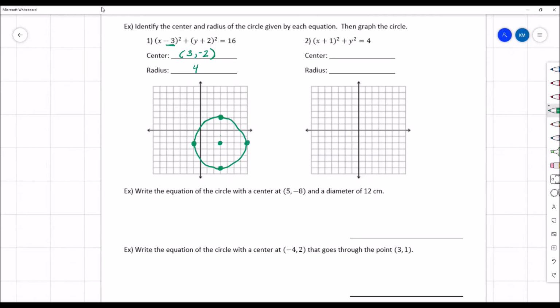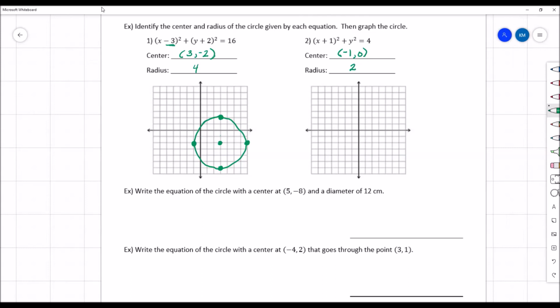Looking at number 2, our center: plus 1, so it'll be minus 1. There isn't anything here for y, so it looks a little bit different, but that would be like plus 0, and plus 0 is kind of a waste of time. It gives us r squared is 4, so r must be 2.